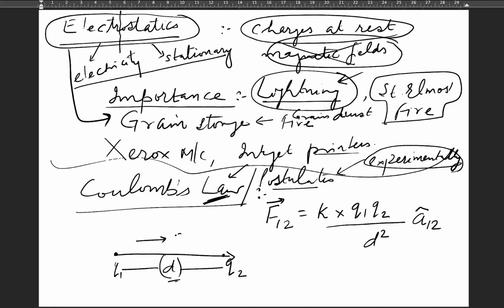So a12 is in this direction. This is the force by charge 1 on 2.